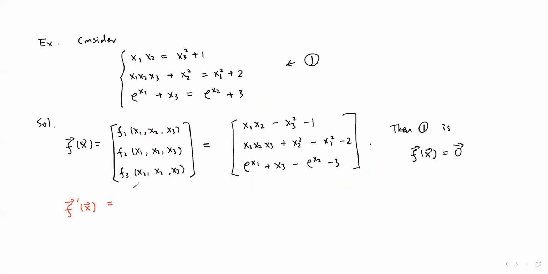By definition, it is this matrix. Partial f1 partial x1, partial f1 partial x2. Second row for f2. Third row for f3.